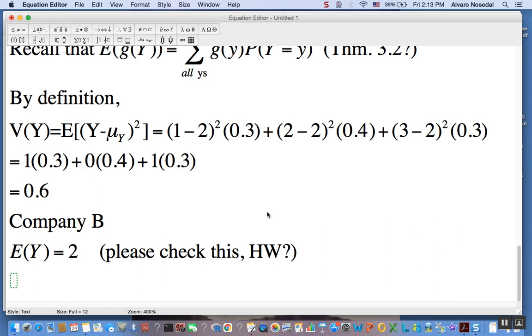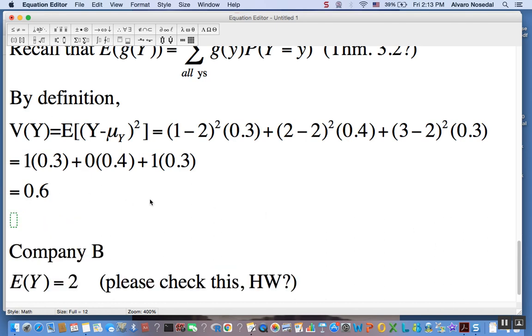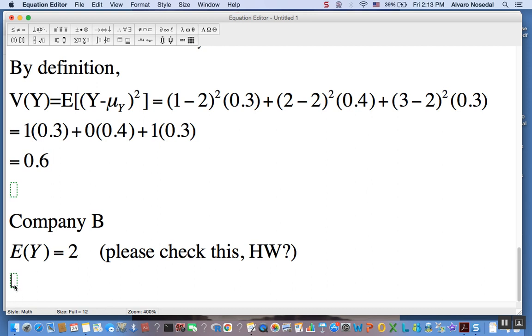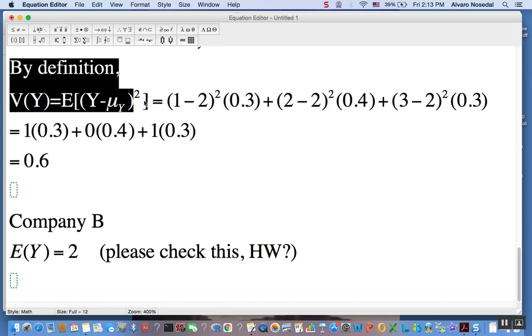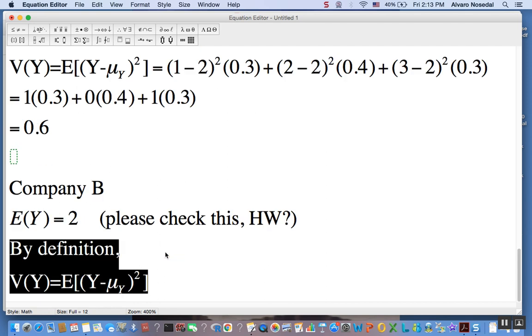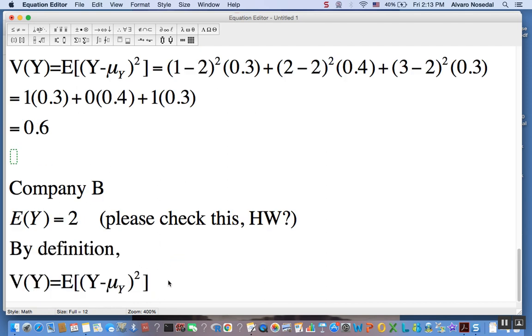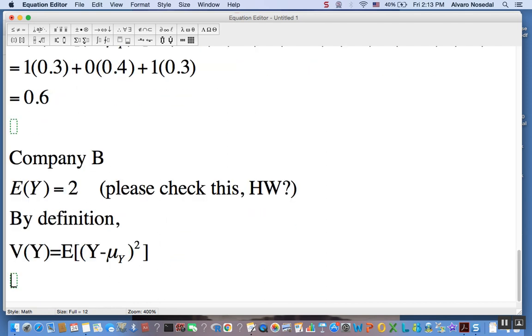And now I'm going to again use the definition of variance to find the variance in the case of company B. Okay, so here we go. The definition of variance is just that special expected value, the expected value of that transformation.